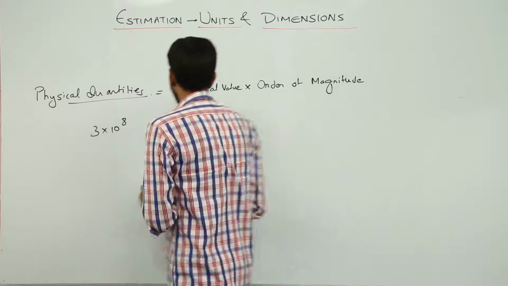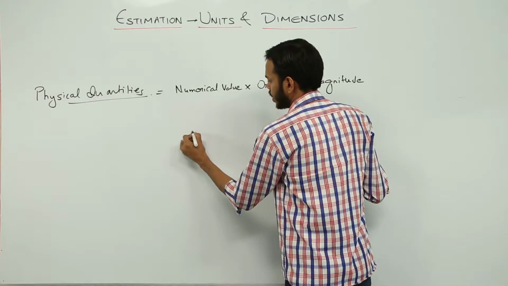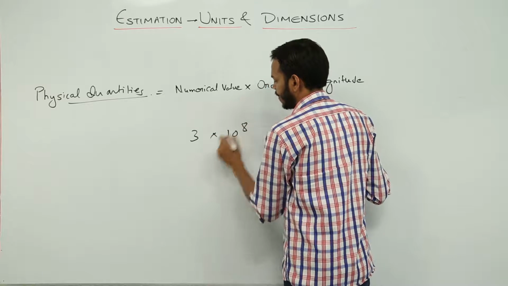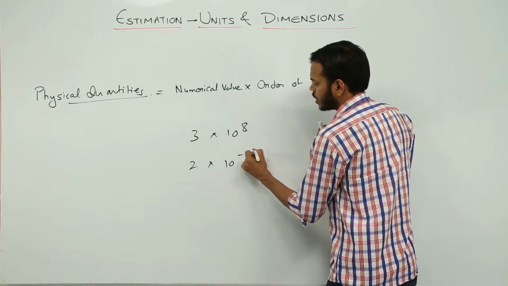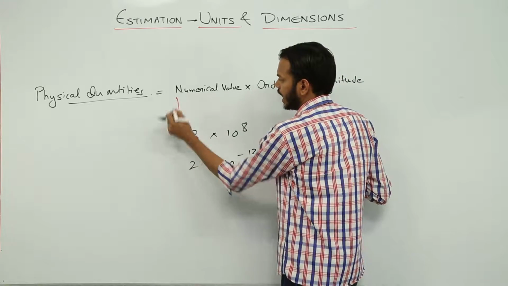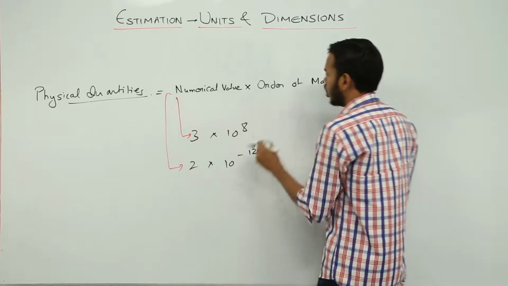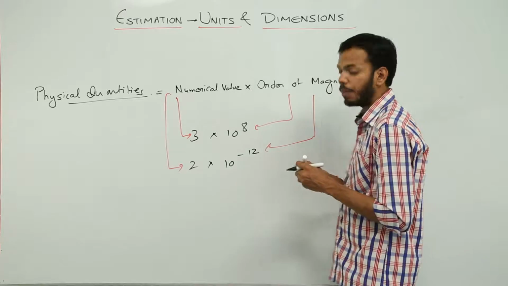So for example, if I take these two things, 3 into 10 raised to power 8, and 2 into 10 raised to power minus 12, the numerical value of this term is 3 and this term is 2, whereas the order of magnitude of this term is 10 raised to power 8 and here it is 10 raised to power minus 12.